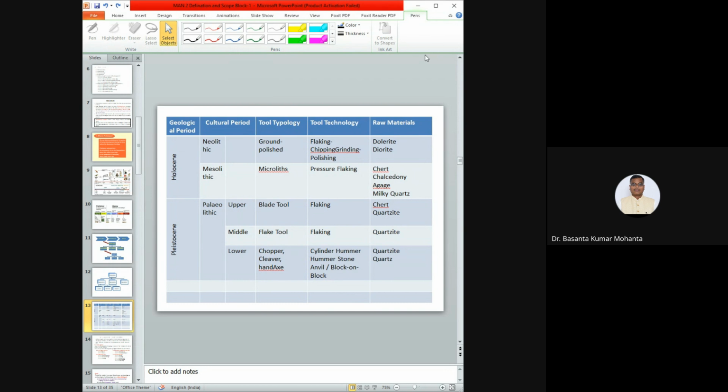So when we are discussing the evolution and development of archaeological anthropology, in this context, recently a term was introduced in archaeology, that is called processual archaeology.